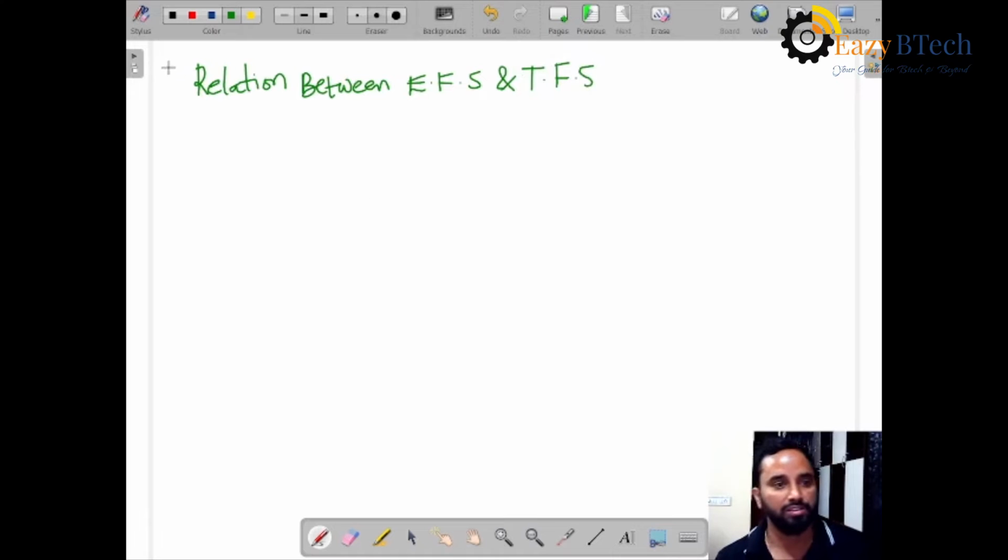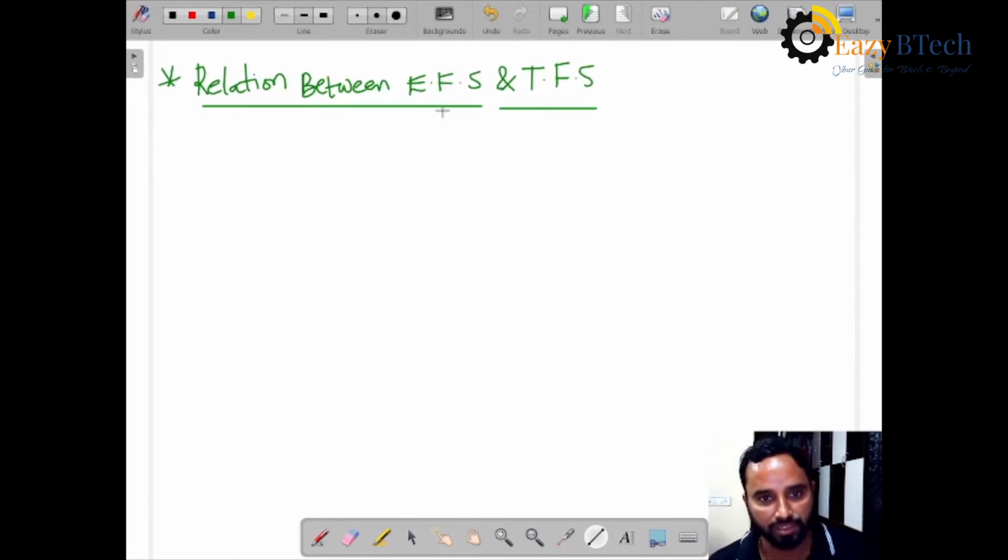Very, very important. Let's see what the relation is. The relation between exponential Fourier series and trigonometric Fourier series means the relation between coefficients of exponential Fourier series and coefficients of trigonometric Fourier series. This is the coefficients relation. Simply, we talk about coefficients.